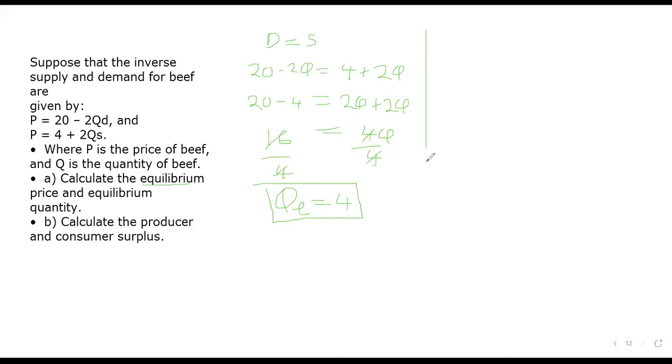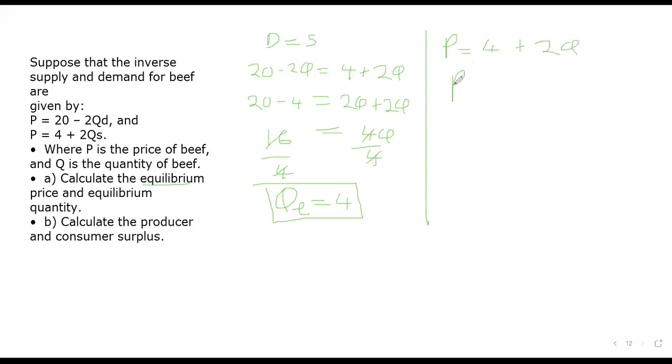Okay. Next, who wants to continue? I'm very happy with the way you've grown. So then we substitute the quantity in either the demand or supply to find the price. Let's try the supply, it's usually easier.